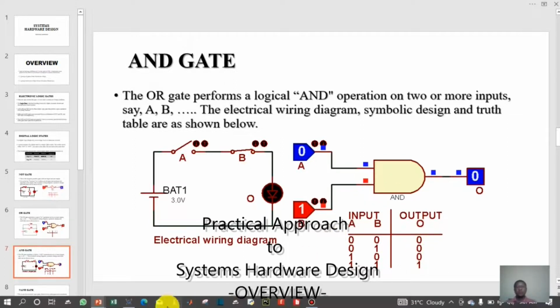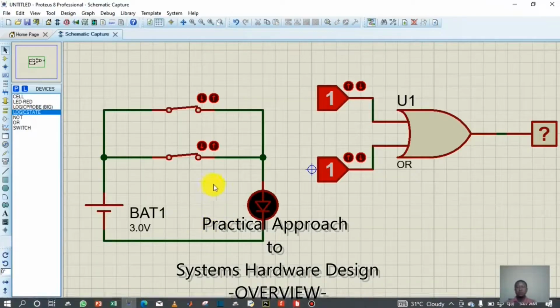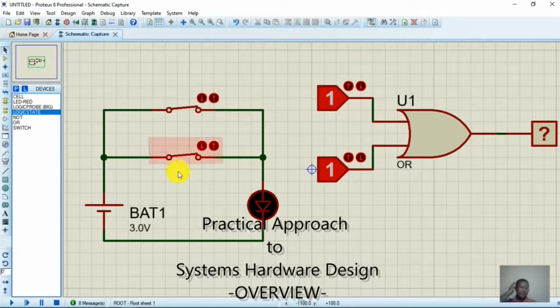So let's rush to Proteus and run this to see what we have, to see how the wiring diagram is arranged. So now let's quickly edit this to form an AND gate.